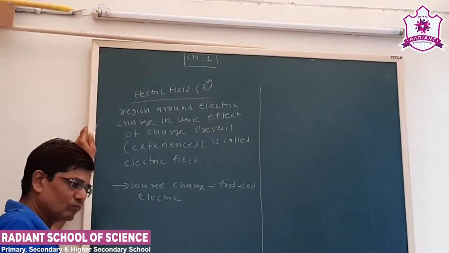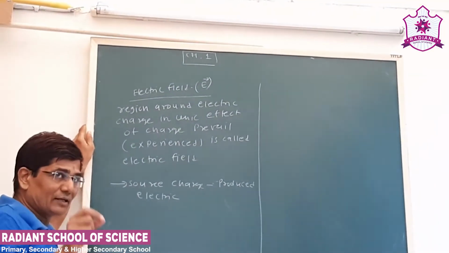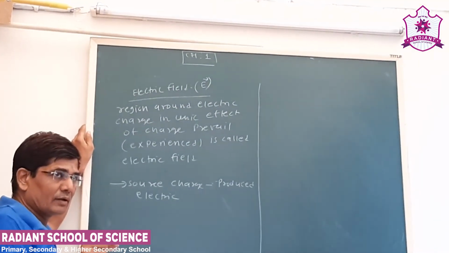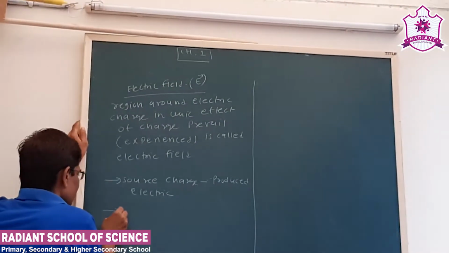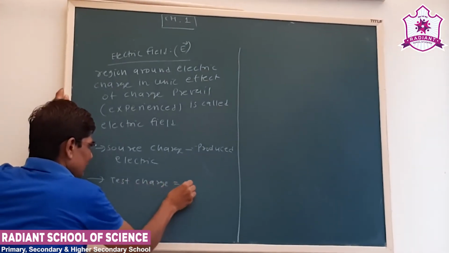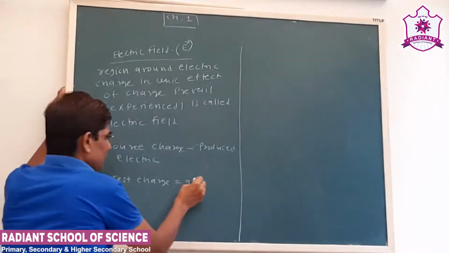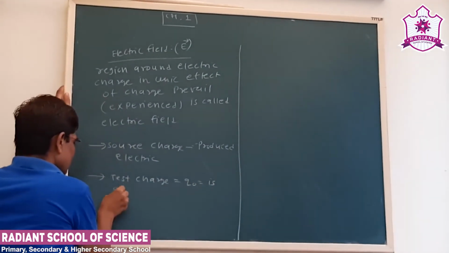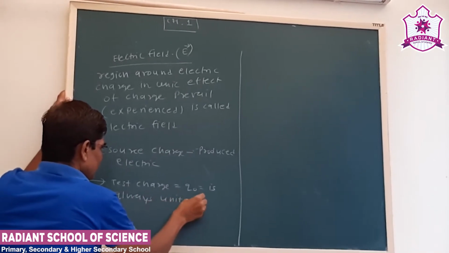The charge which is used to determine the magnitude of the electric field is called the test charge, which we denote as Q0. For simplicity, the test charge is always a unit positive charge.